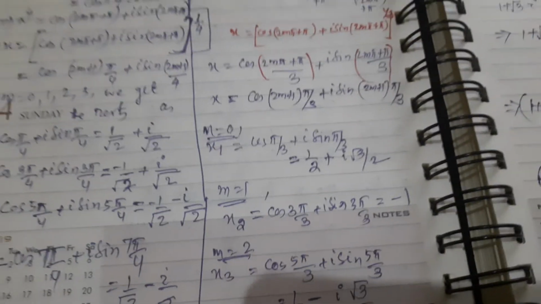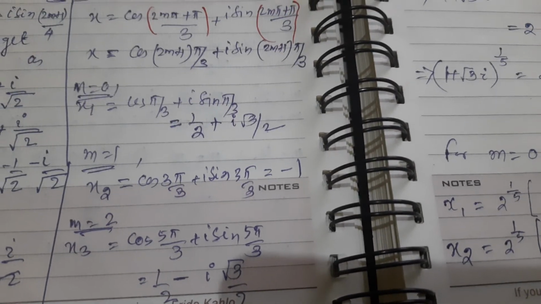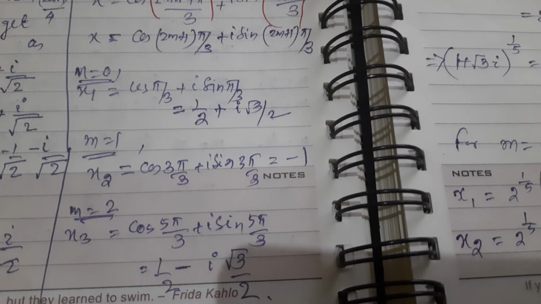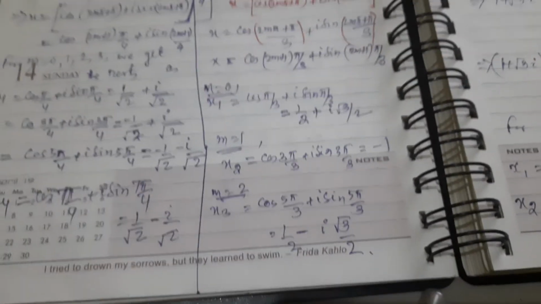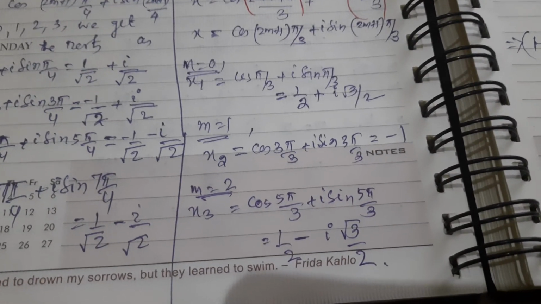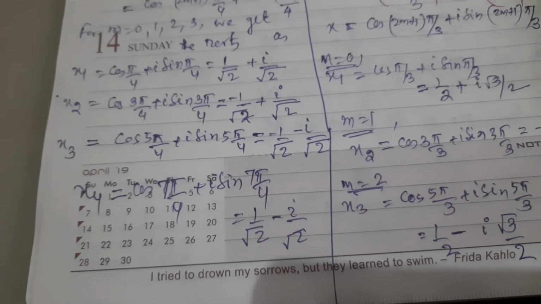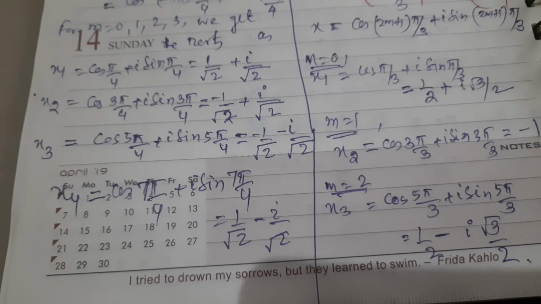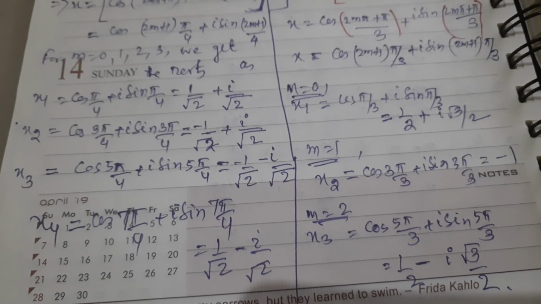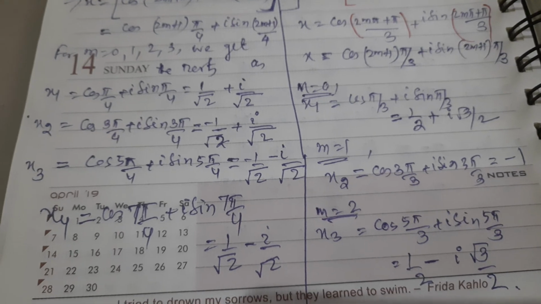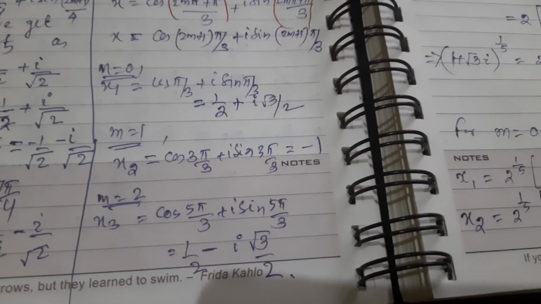In the similar way, for the right hand side we substitute m = 0, 1, 2 and we will find x1, x2, x3, which are the solutions of the above equation. Dear students, go through the solution step by step. It's so easy, not so difficult. Just put in the trigonometric ratio values, then you will find x1, x2, x3, x4 for the left hand side and also for the right hand side.